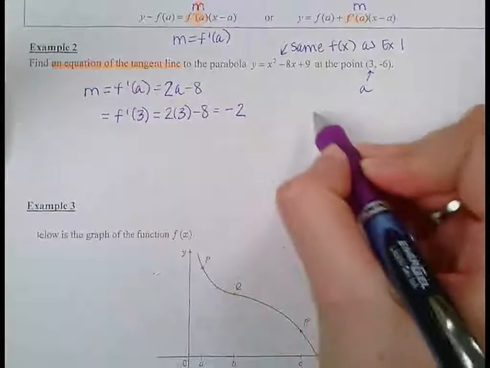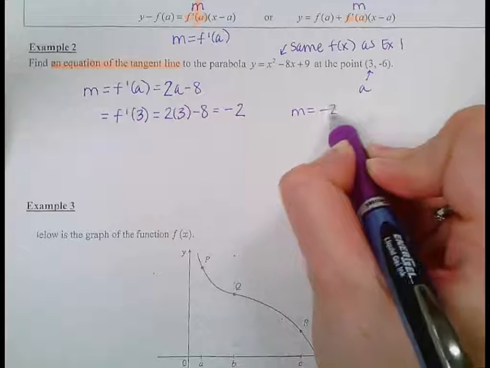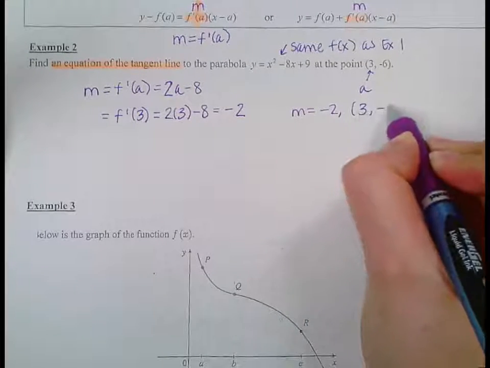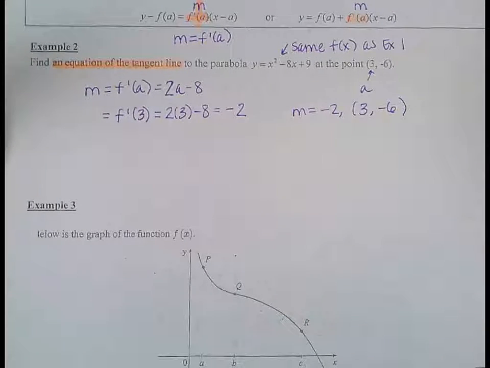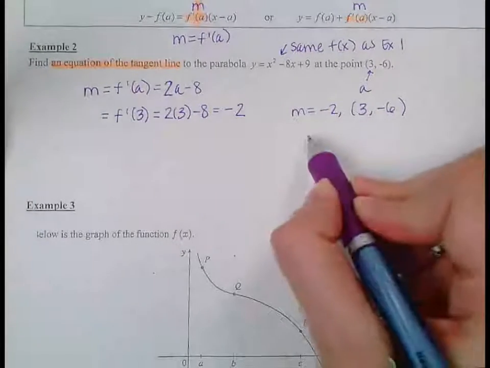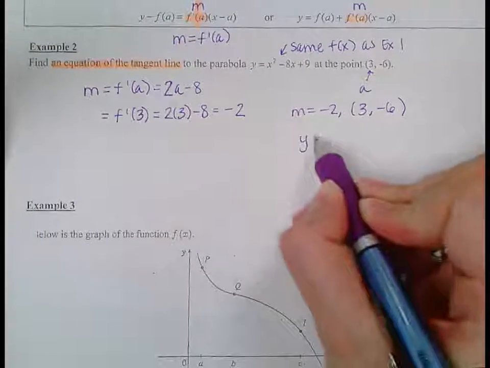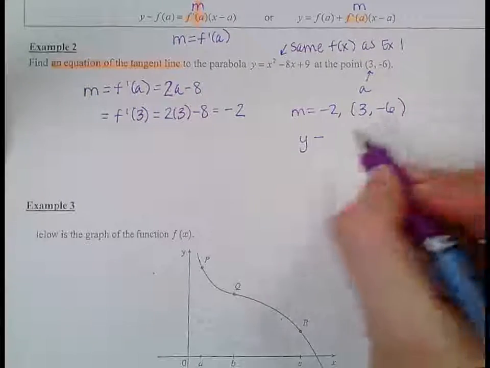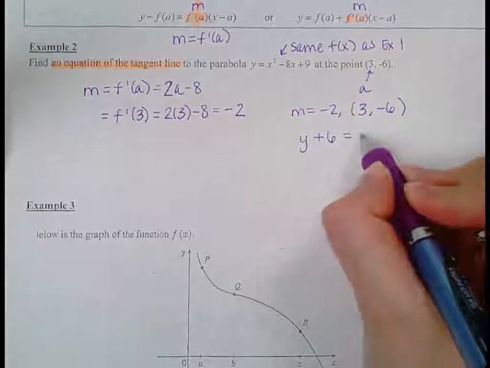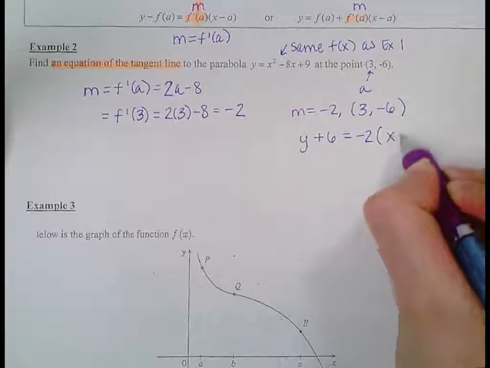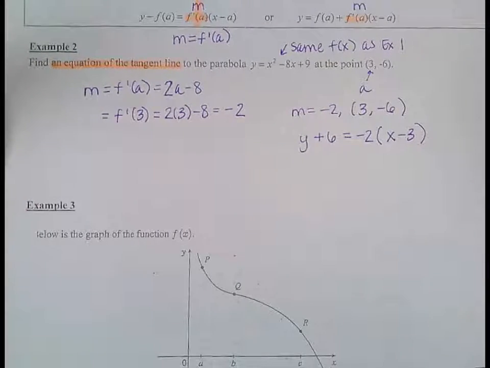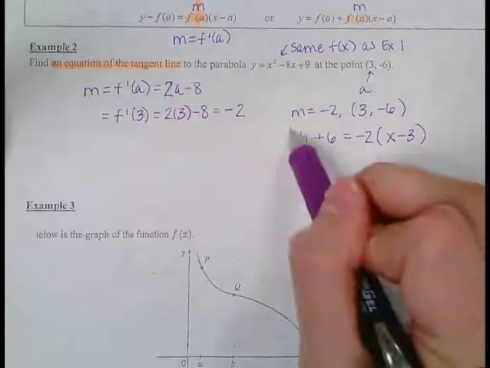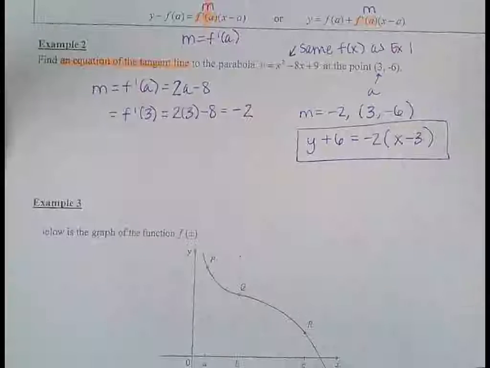Now we have our slope is -2, our point is 3, -6, and we can write the equation of the line. So if I use point slope form, I would have y minus -6, so y plus 6 equals -2 times the quantity x minus 3. And it is fine if you just leave it like that.